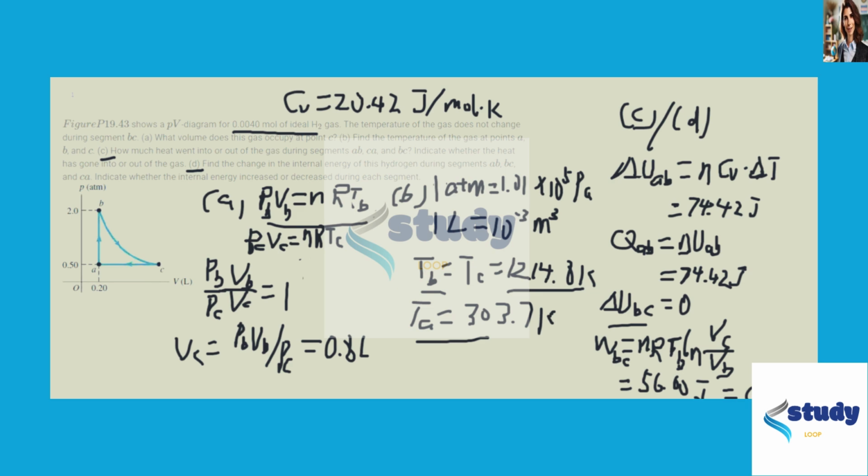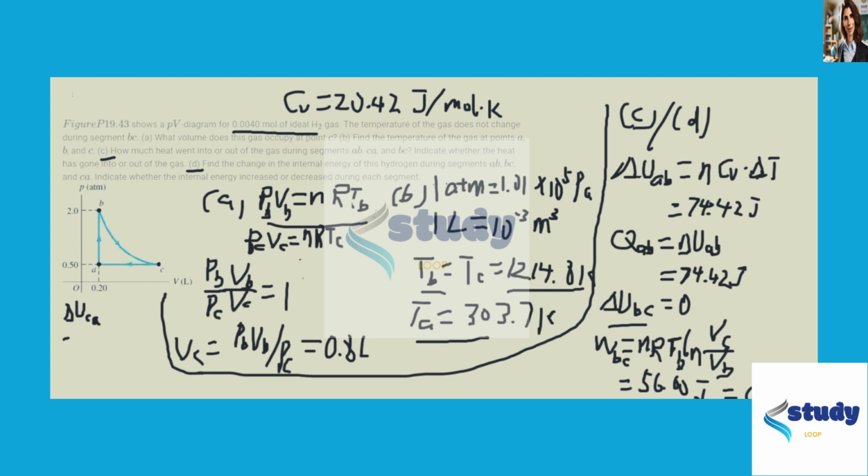And for the process CA, firstly we can find delta UCA, because the internal energy only depends on the temperature, and we already know the temperature at state C and state A, that is TC and TA.